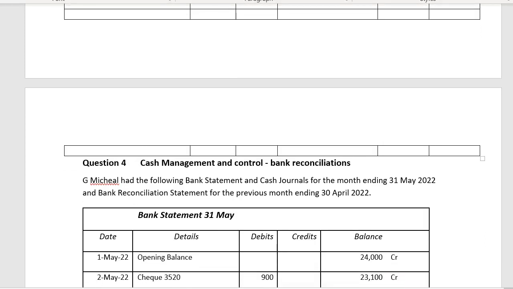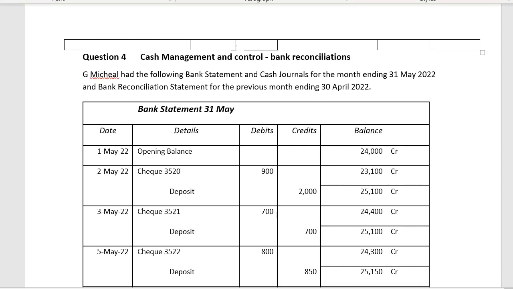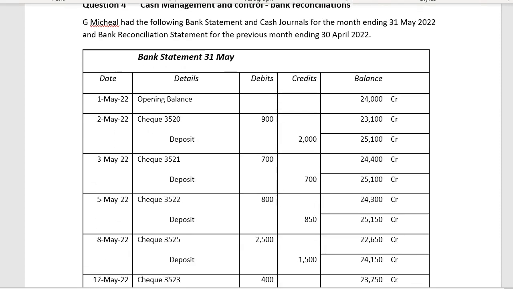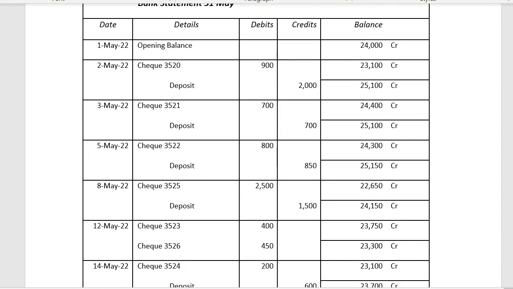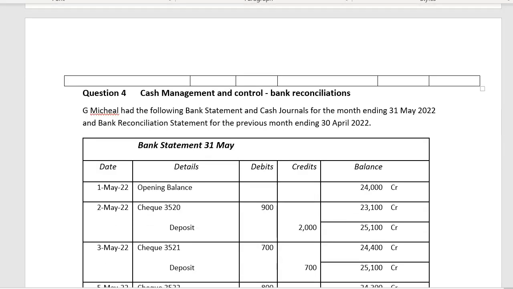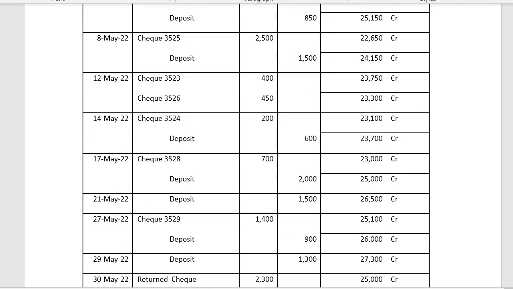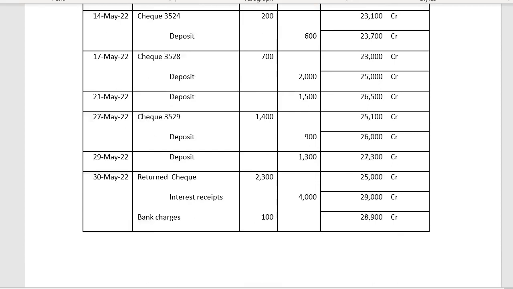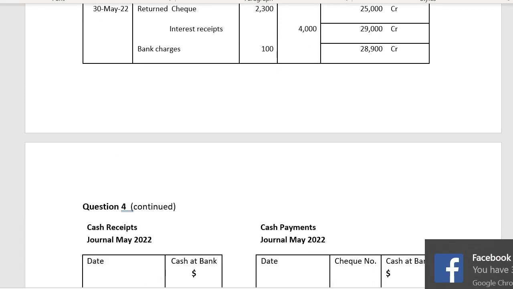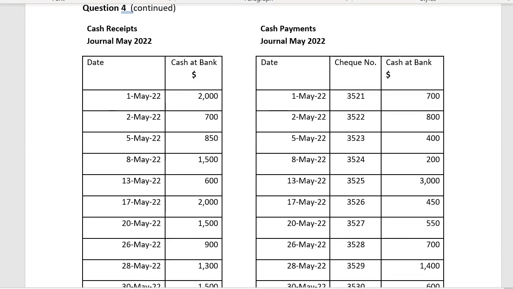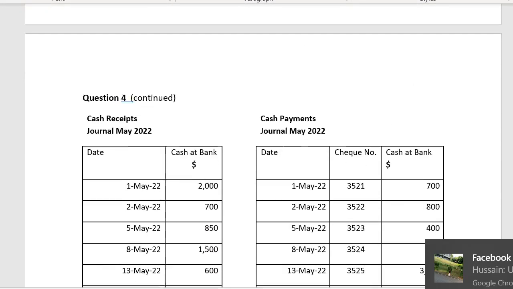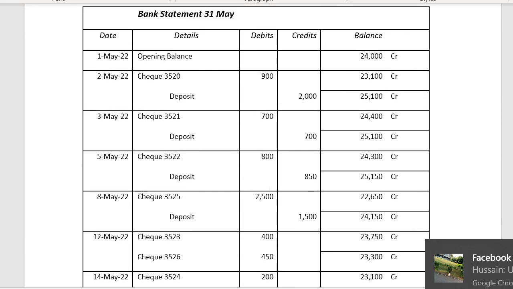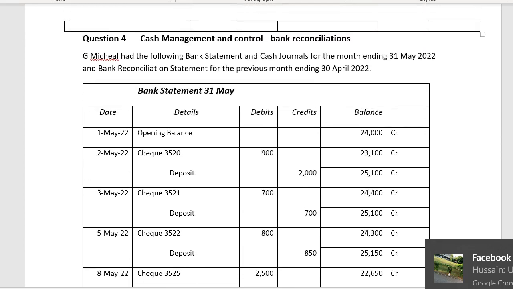Okay, so let's start question 4, which is cash management and control, bank reconciliation. Now, the best way to start this question is to start with the balances. Here we have to adjust two sets of books: cash at bank general ledger, and bank statement.